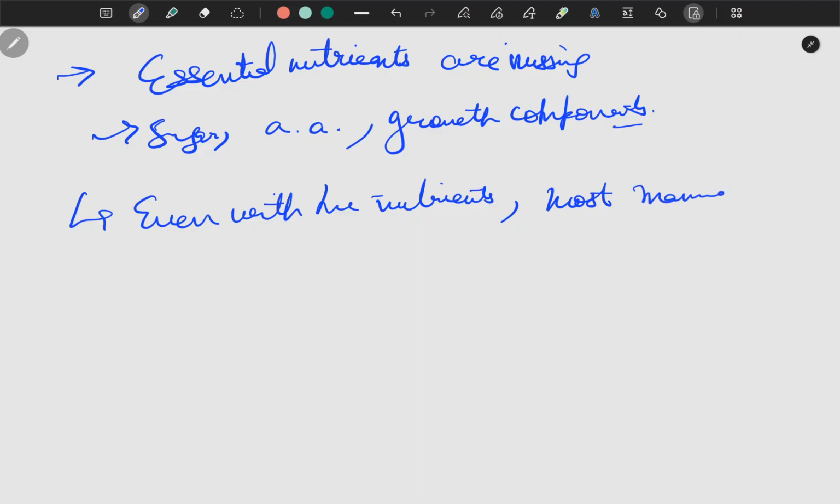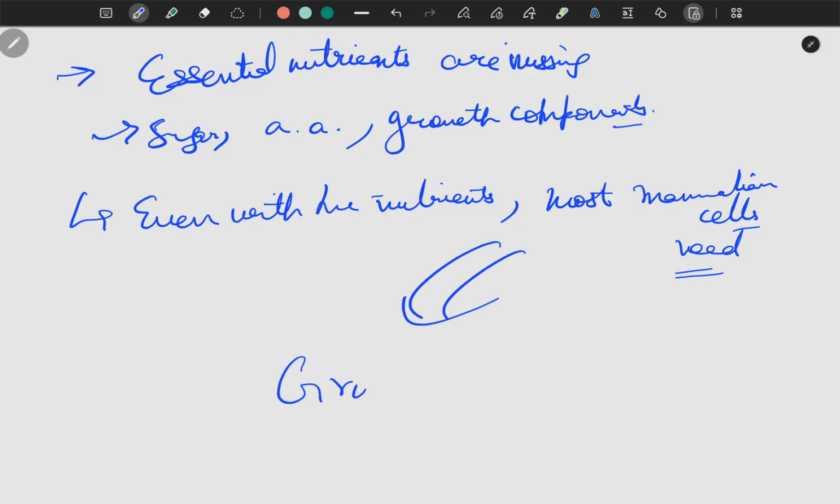Mammals means animal. Mammalian cells need a thing called growth factor.